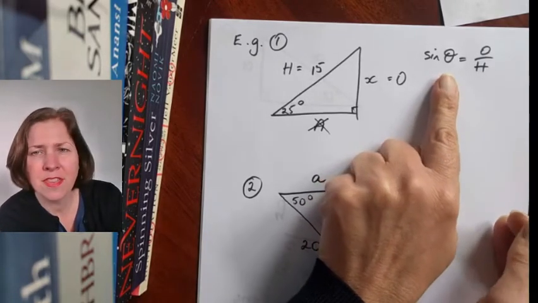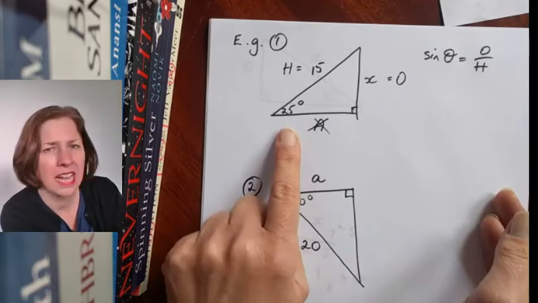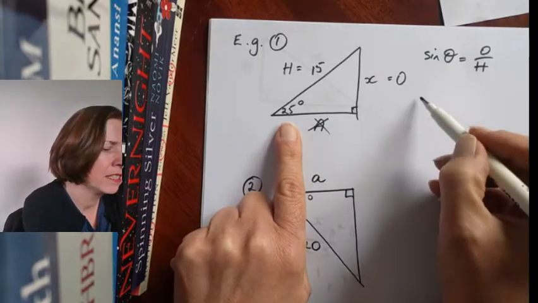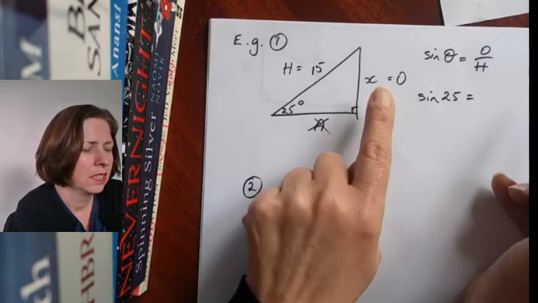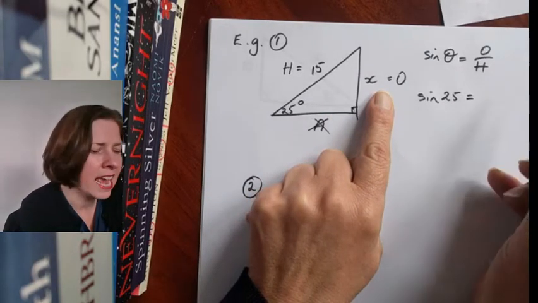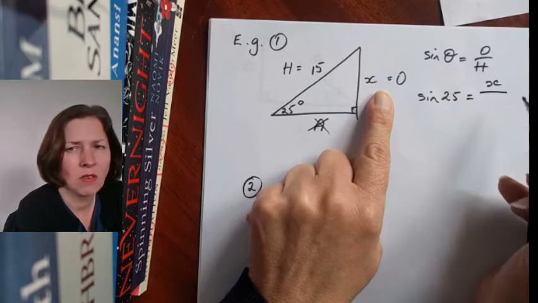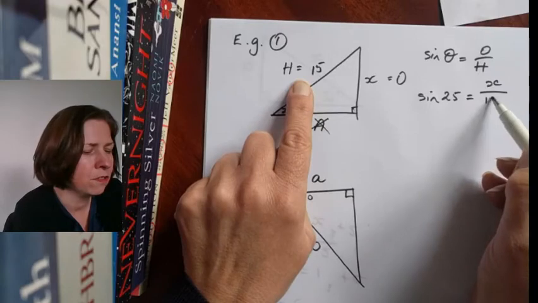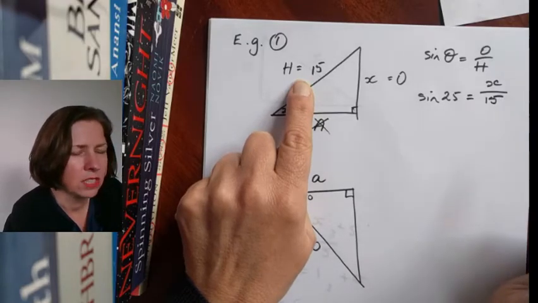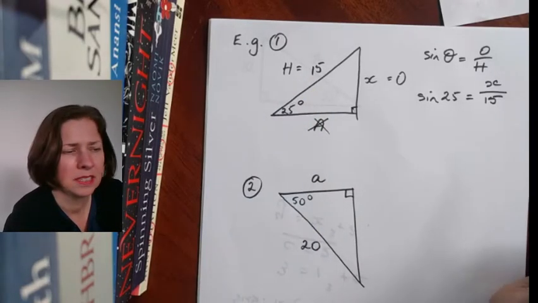Now remember that theta is the angle, so the angle there is 25 degrees. Sine 25 equals, my opposite side is x, it's what I don't know, so I replace O with x, and my hypotenuse is 15. So I replace H with 15.